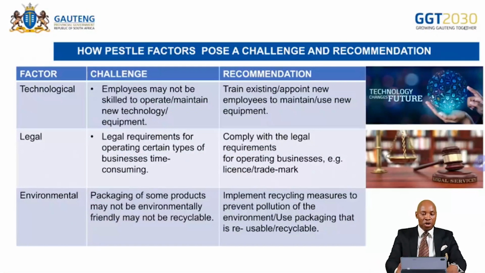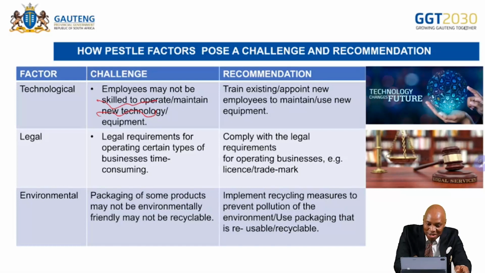Now, let's look at technological. It says employees may not be skilled to operate new technology. Because now our challenge is based on the technology. Right now I'm using technology, I may not be skilled to use this technology, which is a challenge. Therefore, what is the recommendation?